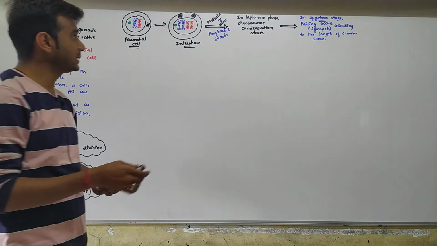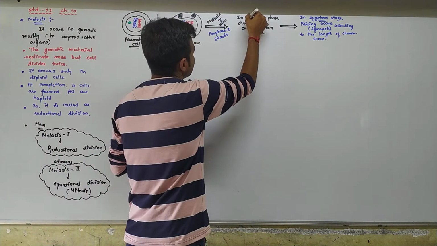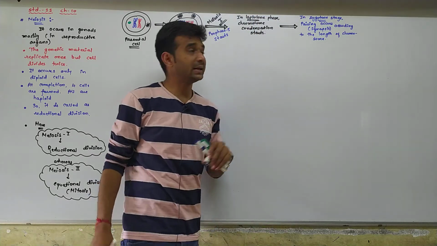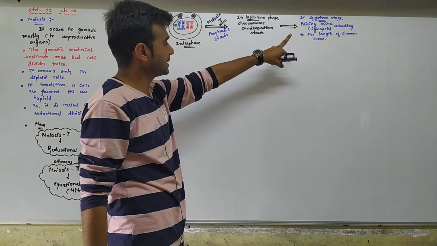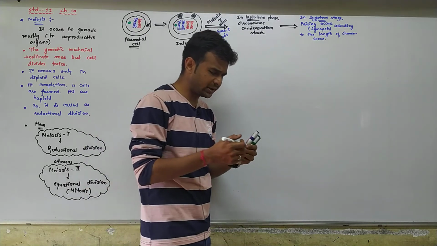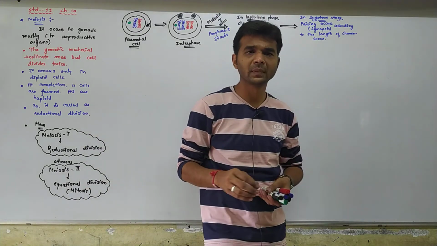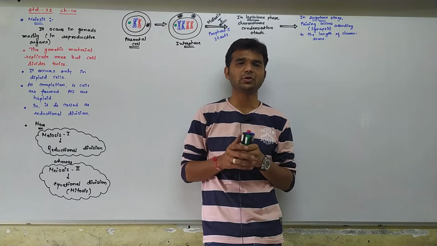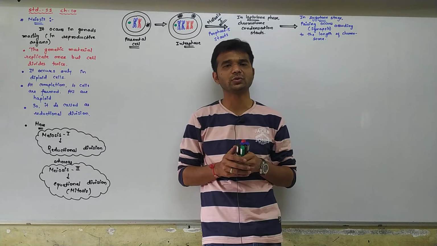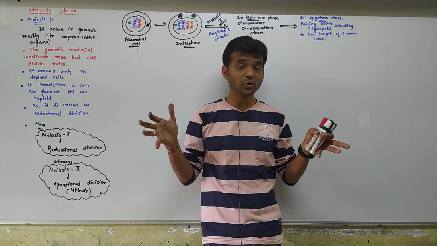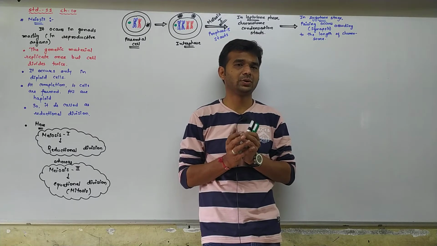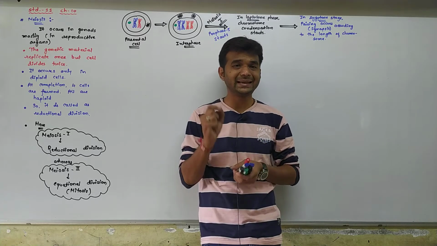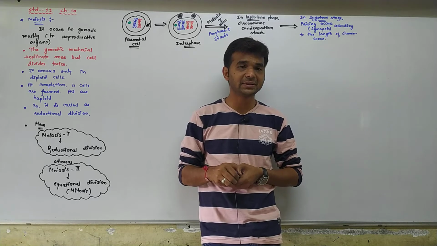In the leptotene phase, condensation of chromosomes starts, nothing more. More important point: after leptotene, zygotene is there. So zygotene is very important. A small chromosome is united with a small chromosome, a large chromosome is united with a large chromosome. So pairing of homologous chromosomes occurs. This is known as synapsis.